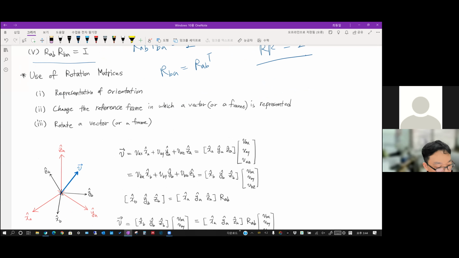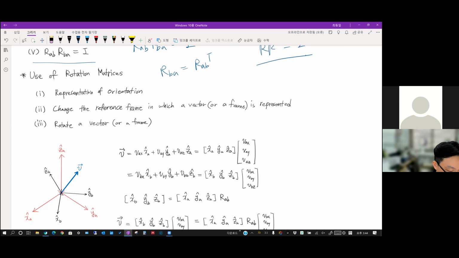It means how to present the orientation of the axis of the coordinate. So the rotation matrix itself represents the orientation. And the second meaning is to change the reference frame in which a vector or frame is represented.